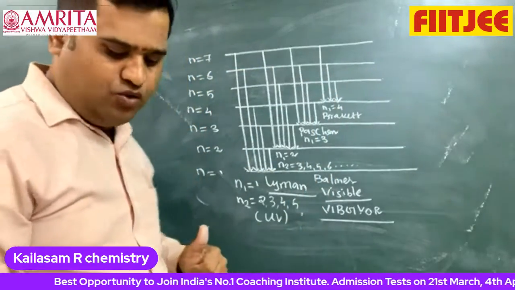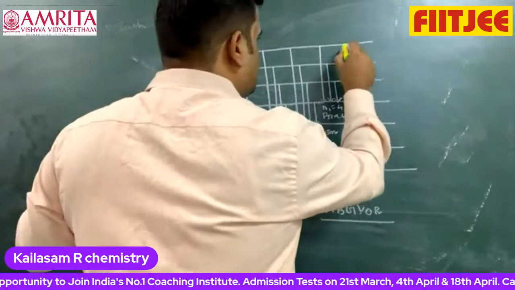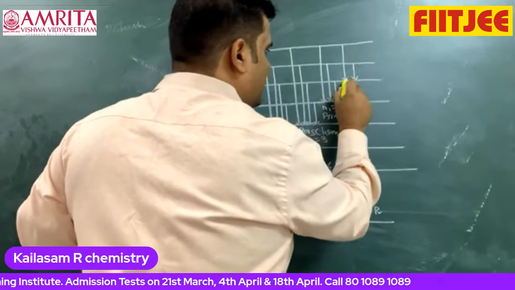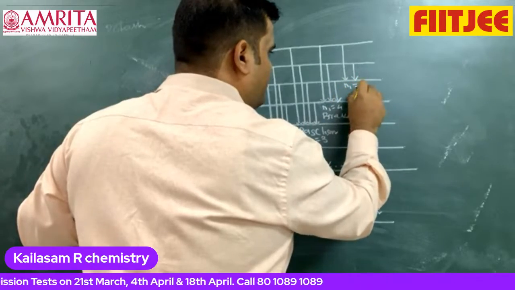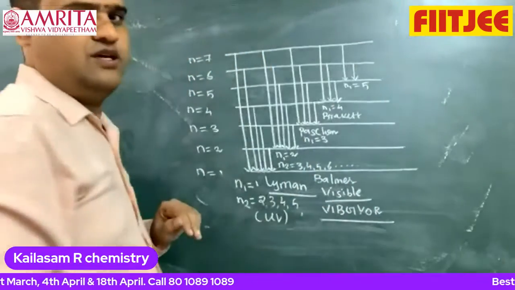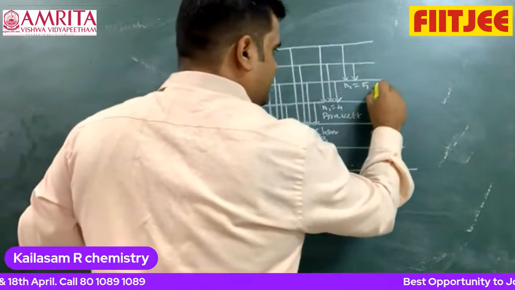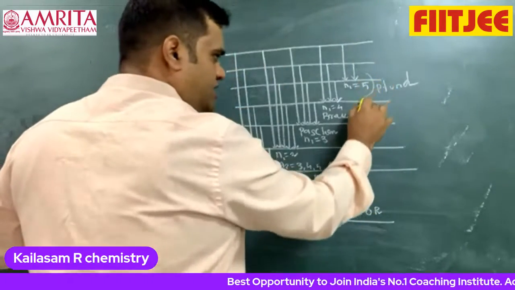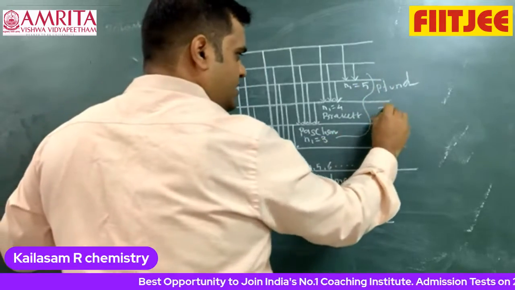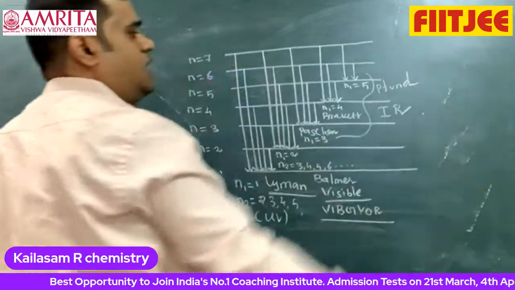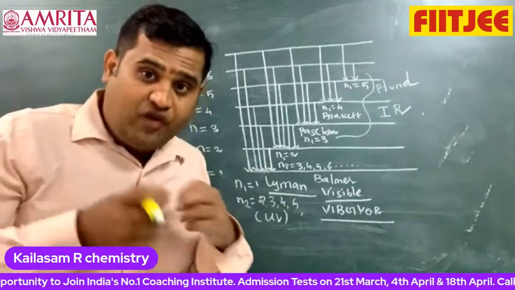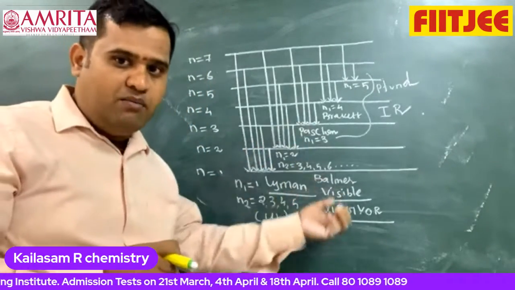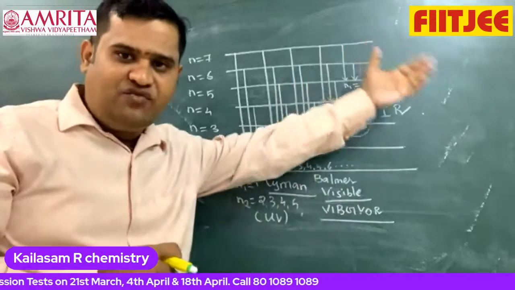Now, n1 is equal to 5, and this is called Pfund series. This is how they found out the hydrogen spectrum experimentally: Lyman, Balmer, Paschen, Brackett, and Pfund series.